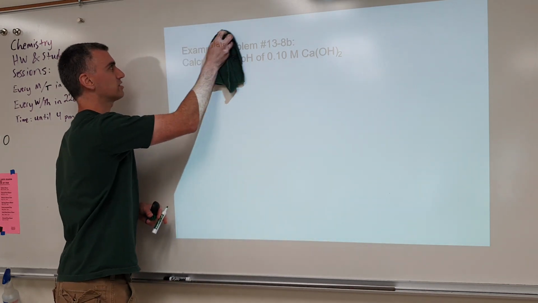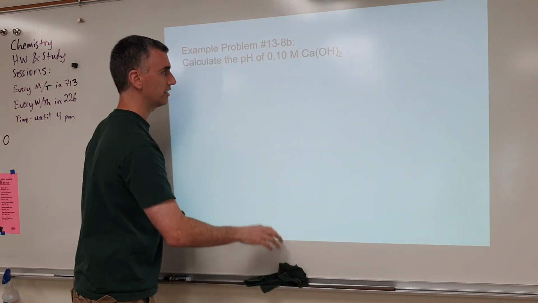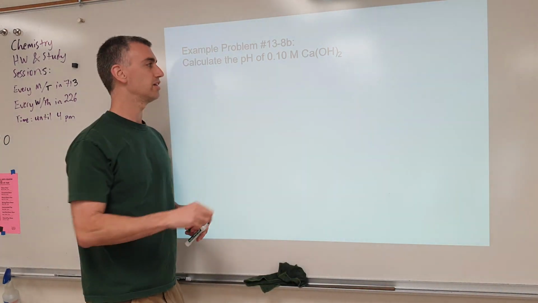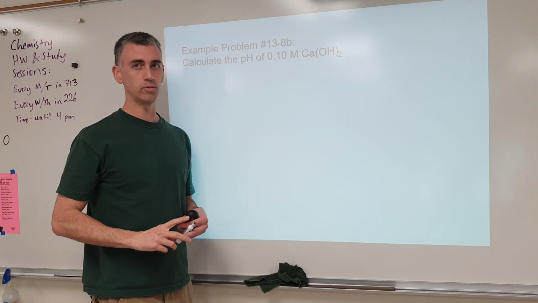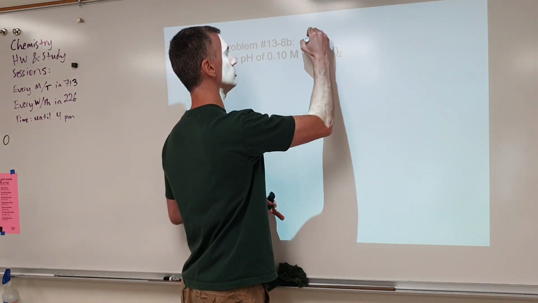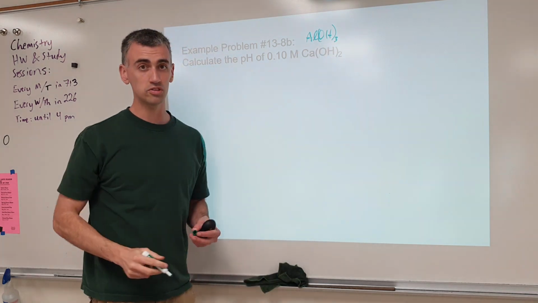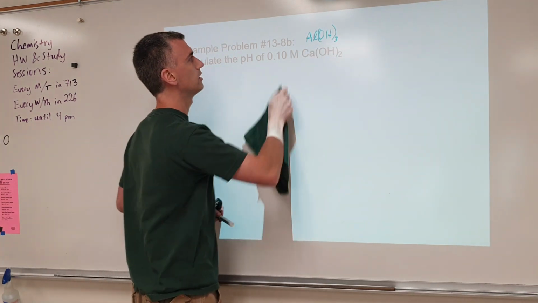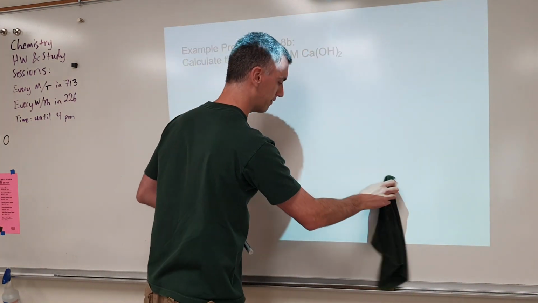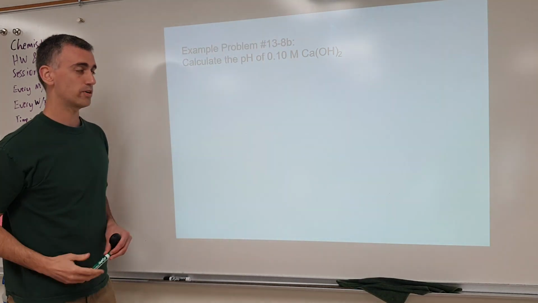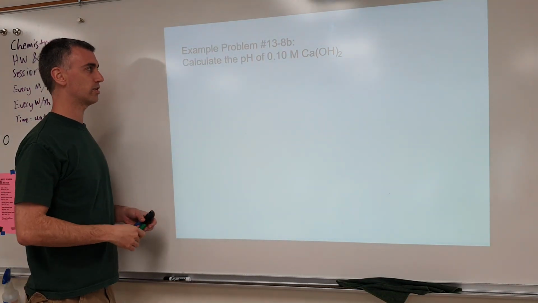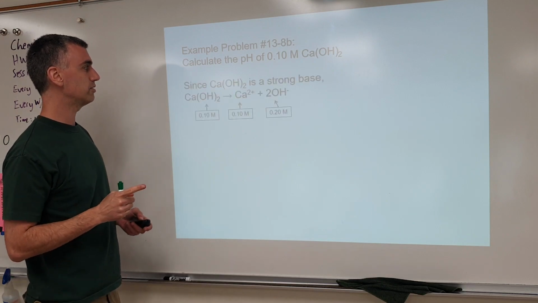But that is only the case for sulfuric acid. That is not the case for any of the bases. If you see two hydroxides here, they both get released. If you had aluminum hydroxide, oops, need parentheses, with 3, you would assume all 3 get released. The definition of a strong base is that it releases all of its hydroxides.